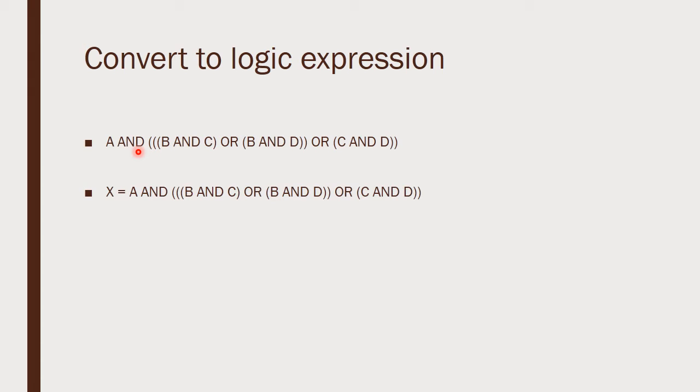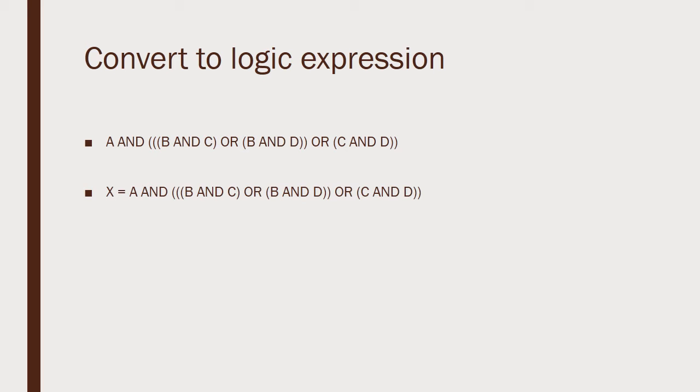And of course, every logical expression must have an output. You can call the output anything you want except A, B, C, D because they are already used. I will just call it X. So now I have this equation and the output X.